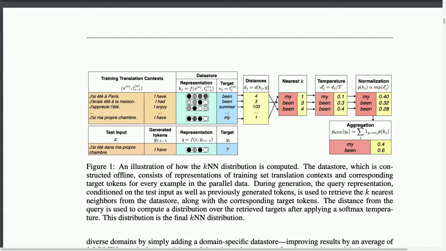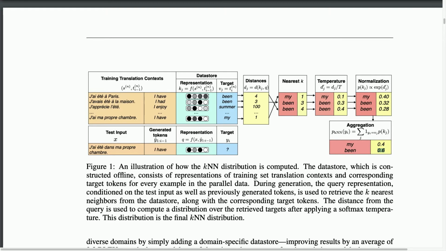Then you use the distance from the representation computed during inference to the representations from the data store to get some score, basically measuring how close those contexts are and how likely the next words are given the current context. For example, it could be that "been" has a score of 4, "summer" has a score of 100, "my" has a score of 1, and then you convert these distances to a probability distribution over your vocabulary. And then "my" gets a probability of 0.4 and "been" 0.6 because it occurs more frequently in the contexts.